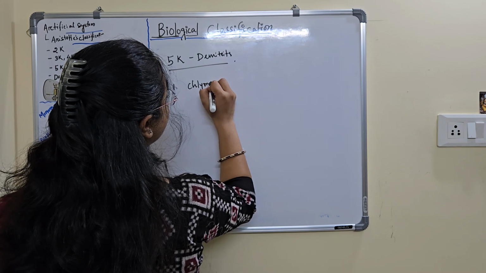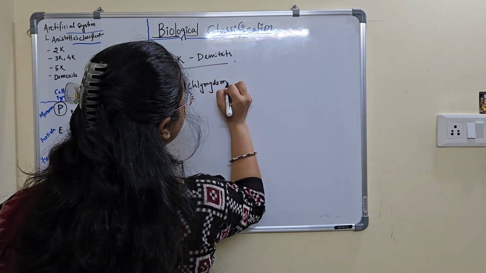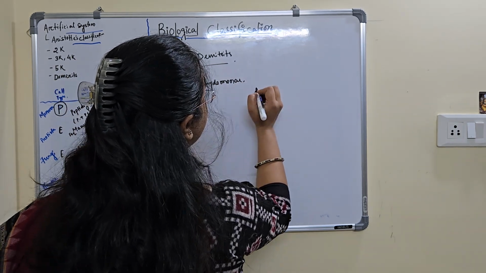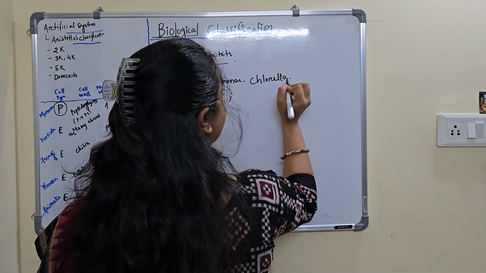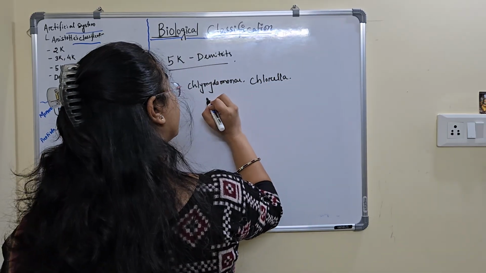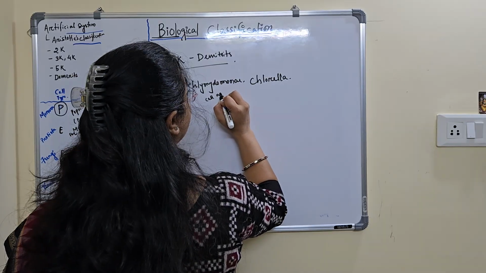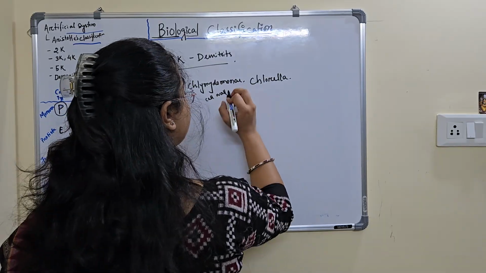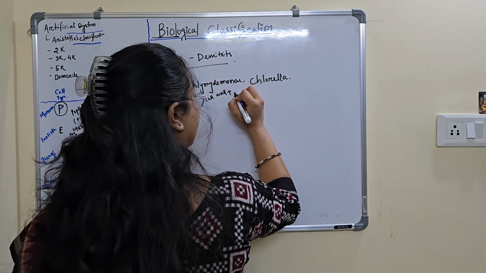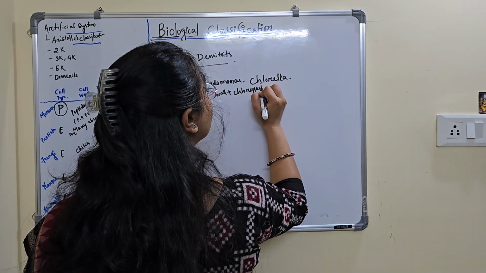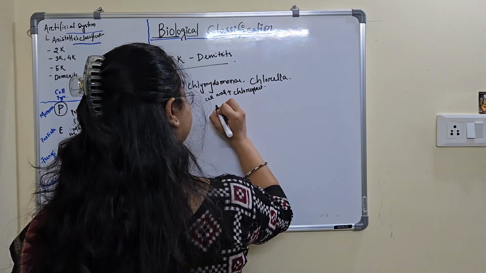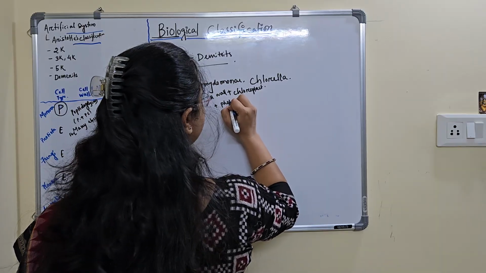Chlamydomonas and Chlorella. Chlamydomonas and Chlorella both have a cell wall. They have chloroplast and they are photosynthetic.